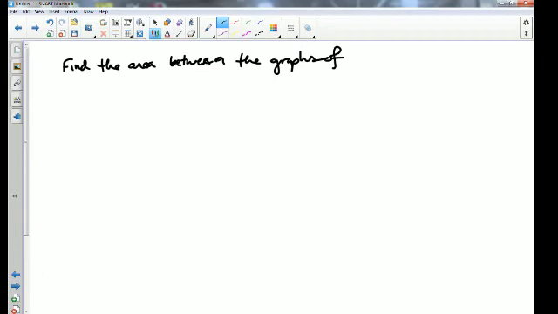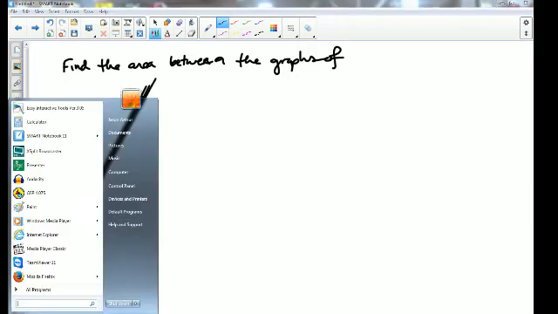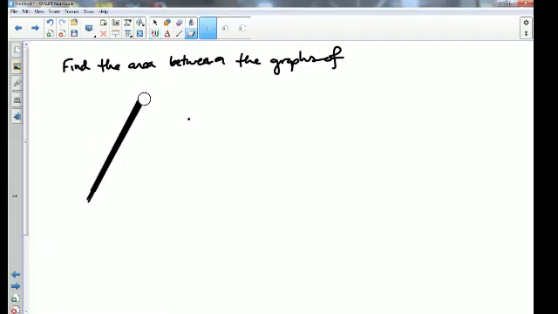Find the area between the graphs of these functions. Oh, no. Wait, did he mean to make that burger? No, there's a pen sitting in here, and it was right on the board. Thing got confused. It's kind of like you guys sometimes.